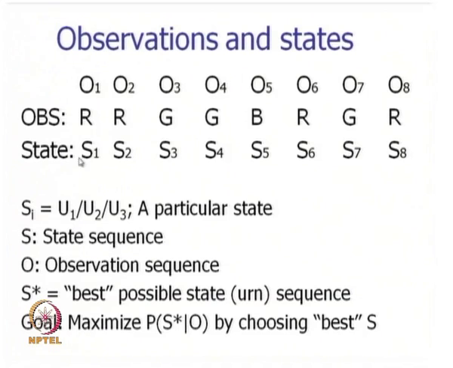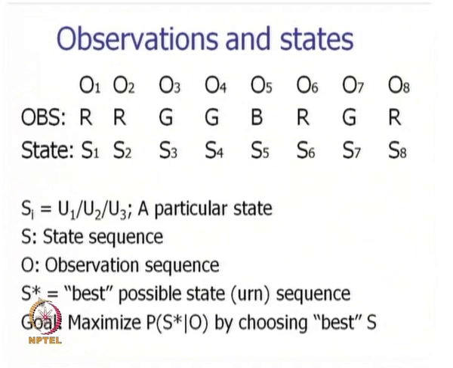Now, what are these S's? Each Si is a particular state and it can take values U1, U2 or U3. Okay, that means one of the 3 arms. Si is a particular state, but S as a whole is a state sequence. O is an observation sequence, in this case R R G G, B R G R.